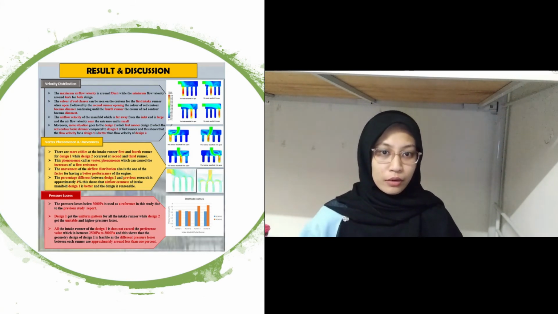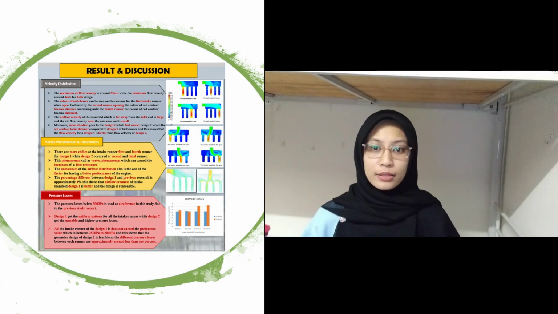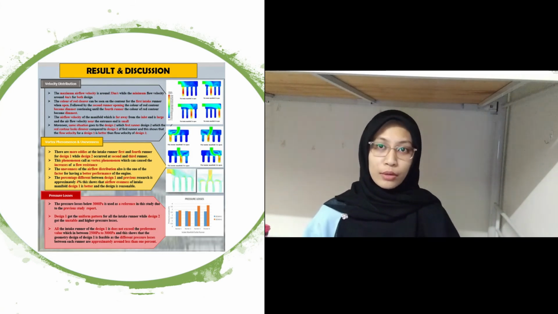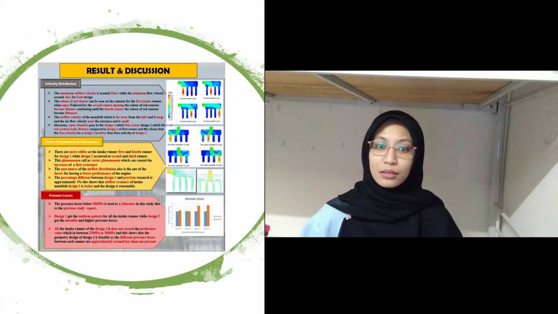All the runners of design 1 do not exceed the reference value, which is between 2500 Pascal and 3000 Pascal, and this shows that the geometry design of design 1 is feasible. The pressure loss difference between each runner is less than 1%.